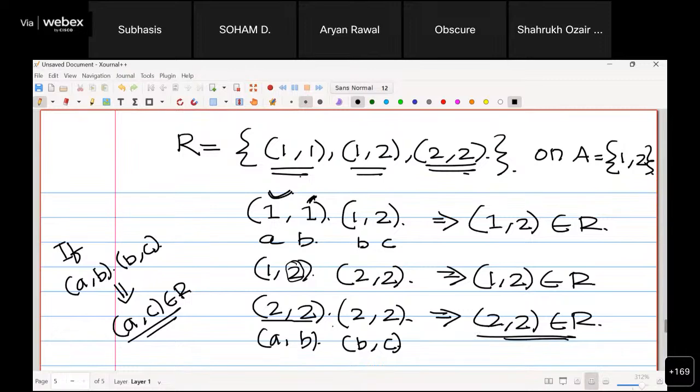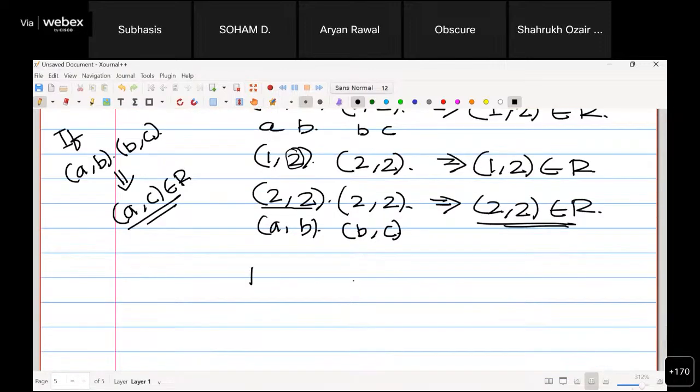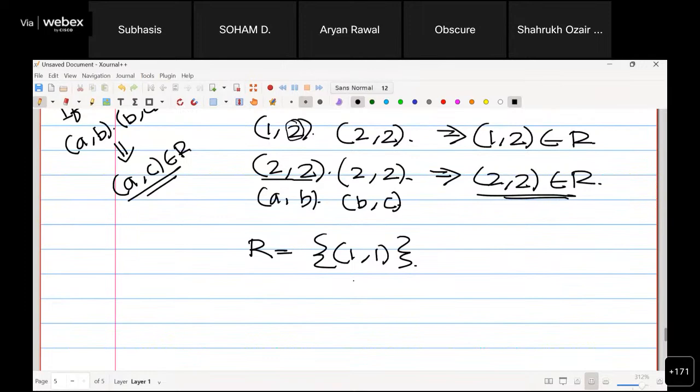So if some relation is on this set only, A is 1, 2 and 3, and the relation R is just 1 comma 1, there is only one element. Then this is going to be transitive only. Try to go with the definition. You have only one element, 1 comma 1.